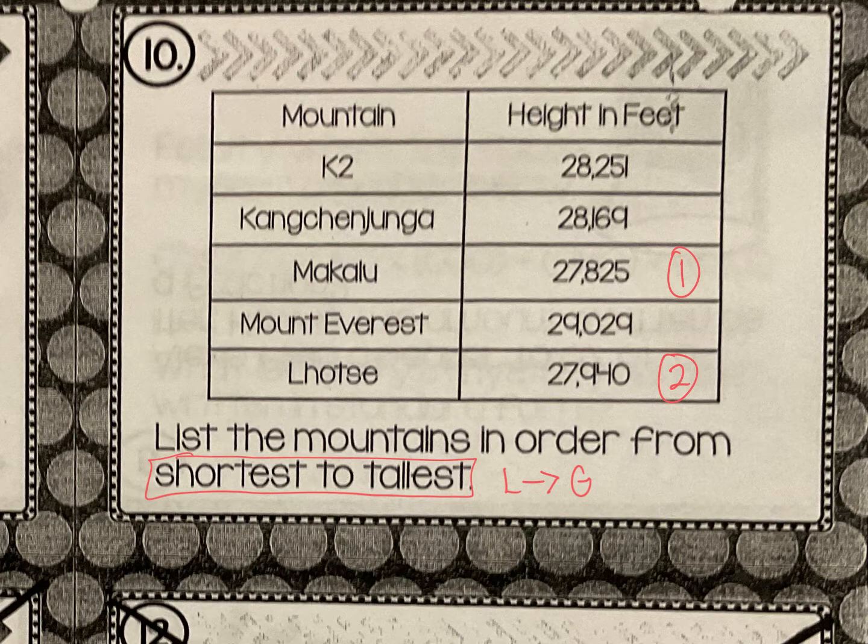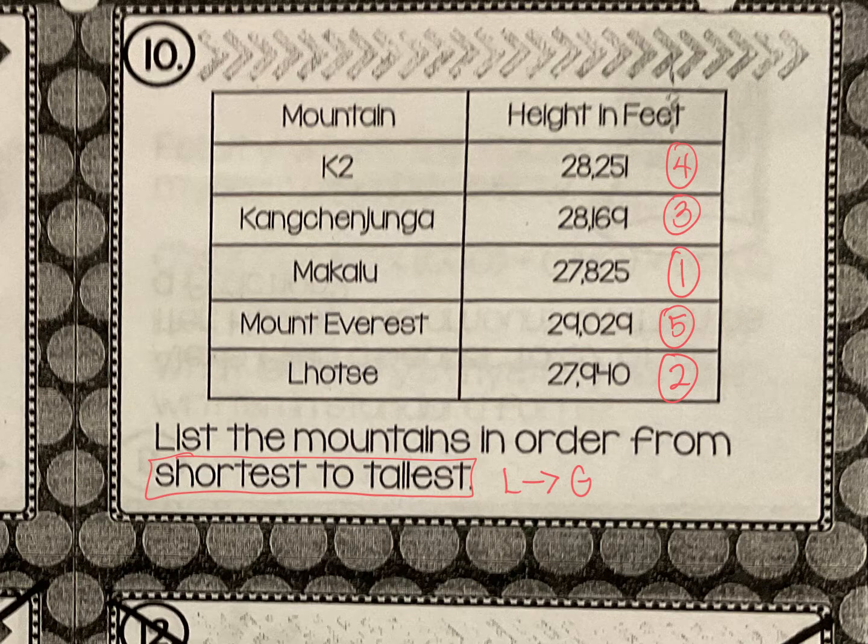No. 28,251, 28,169. 2, 2, 8, 8, 2, 1. So this one is smaller, the Kanchenjunga. Then K2 is next, and then our tallest mountain is Mount Everest.